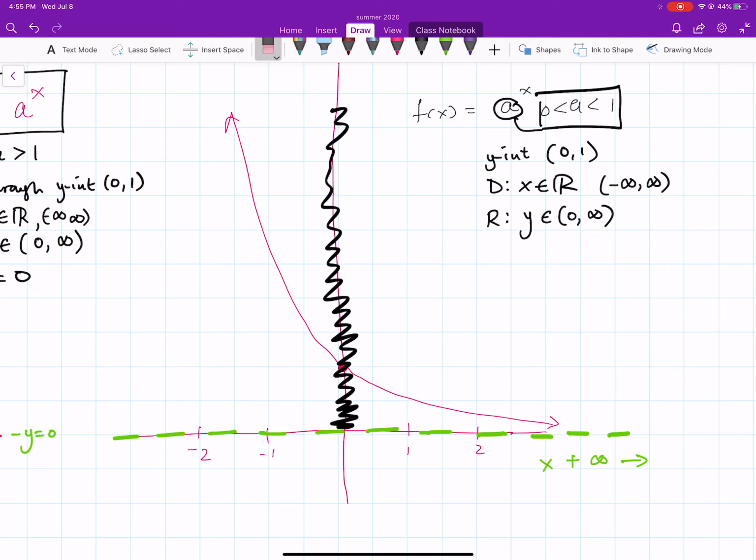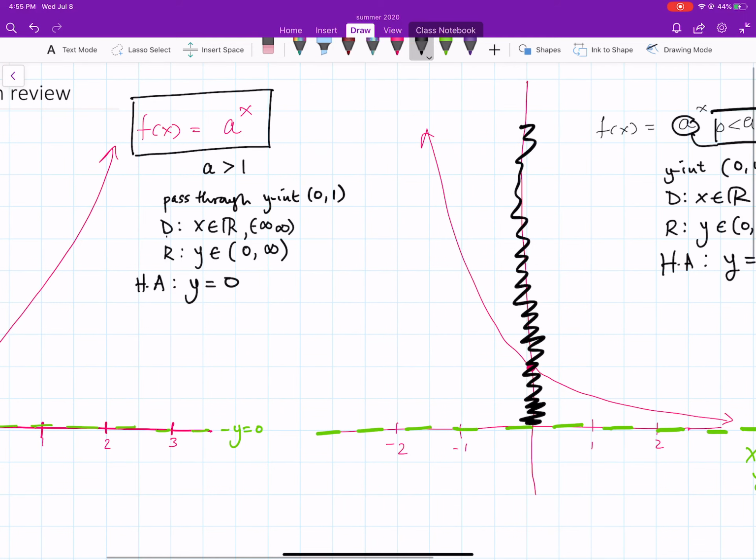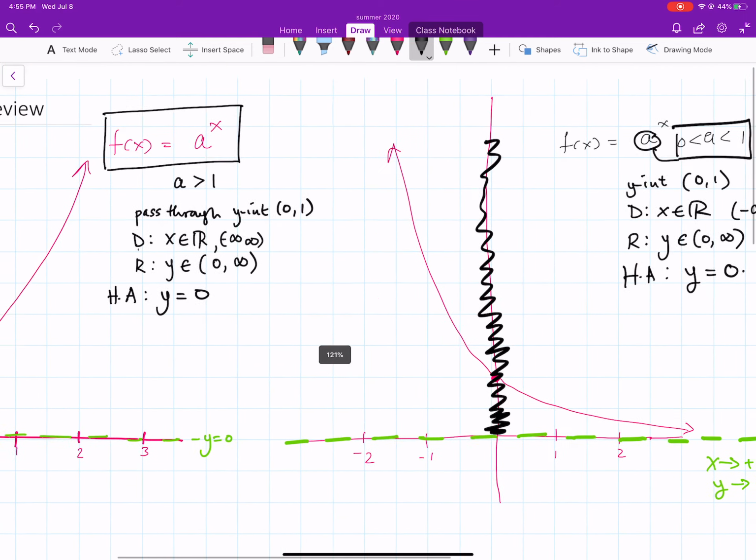Let's write it this way: as x approaches positive infinity, y approaches what? 0. So we can say the horizontal asymptote here is y equal to 0. Again, an asymptote is an equation, so don't just write 0. It's y equal to 0. So these are two classic features of an exponential function.